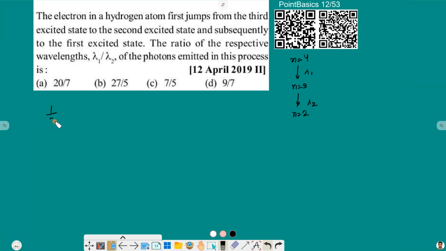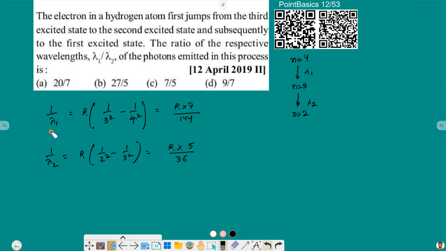So 1 by lambda 1 will be equal to R times 1 by 3 square minus 1 by 4 square, and this will be 16 minus 9, that is 7, divided by 9 into 16, 144. And 1 by lambda 2 will be equal to R times 1 by 2 square minus 1 by 3 square, and that will be basically R times 9 minus 4, 5, by 9 into 4, that is 36.